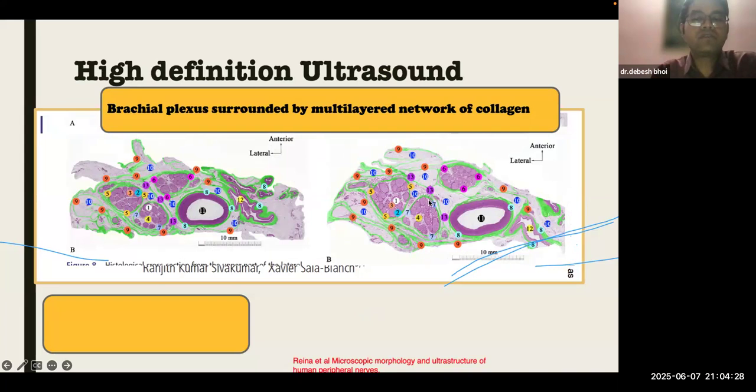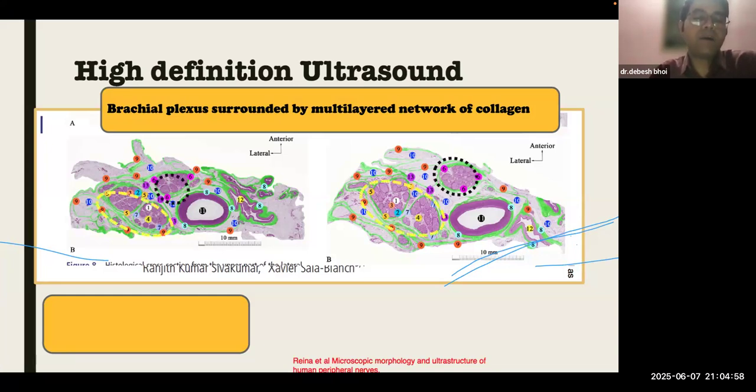You can see there is more splaying of the cords, although there is again a collagen layer surrounding each and every plexus element in the cords, along with the axillary vessel. The artery is also covered. And if you go from the costoclavicular to the infraclavicular area, from proximal to distal, it is more and more clustered and more and more dense.